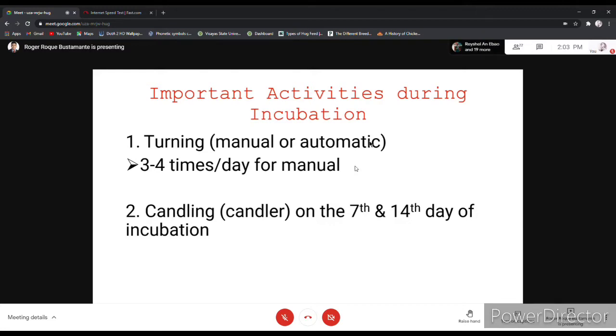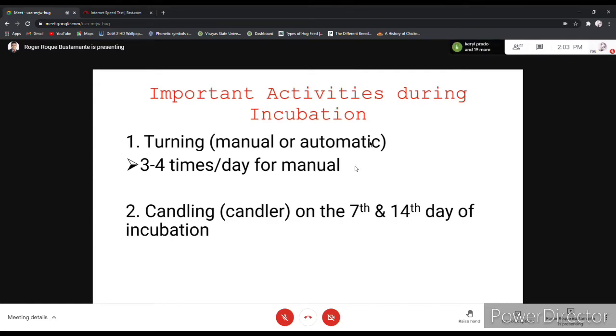On the 14th day of candling, you have 10 dead embryos. You still put that in your data, because at that period the embryo died or did not develop further.